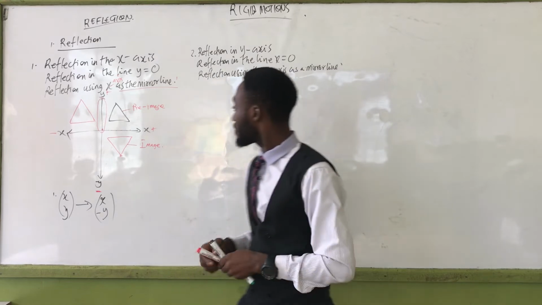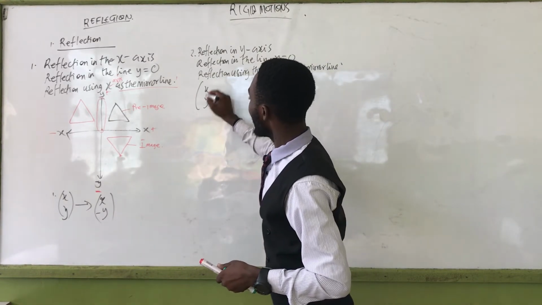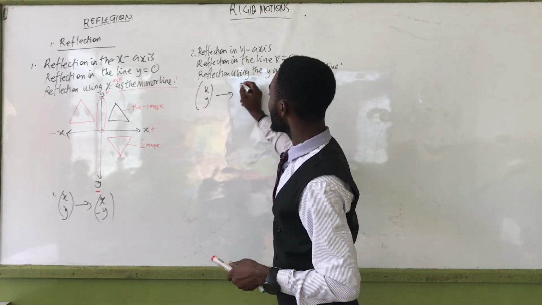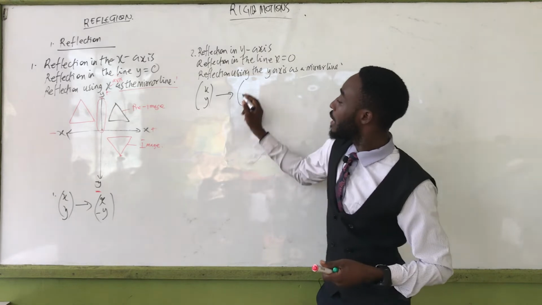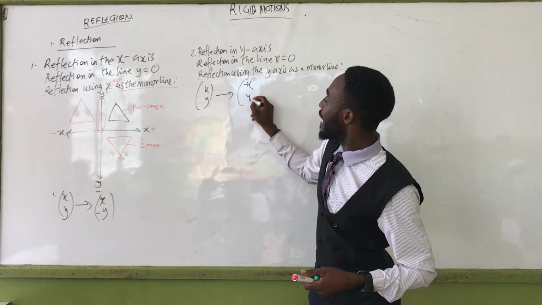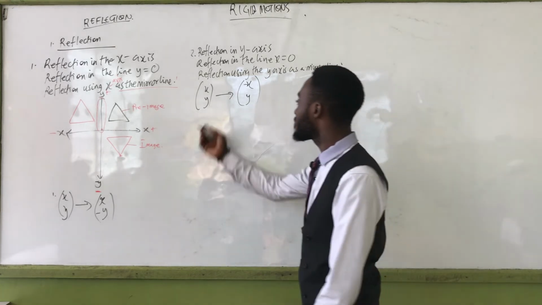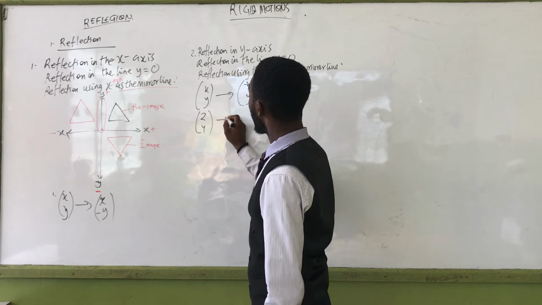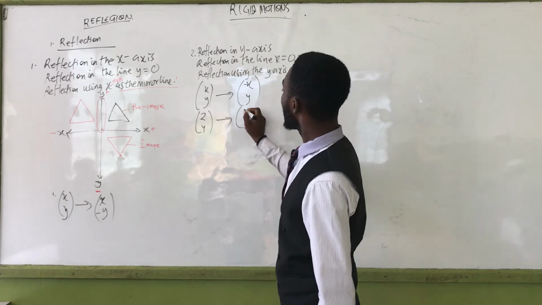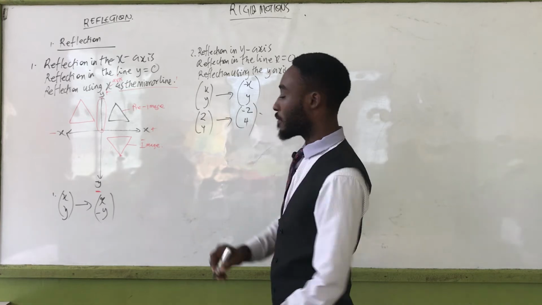So if x maps to y as a pre-image, we would have our image going to be negative x and then y. So for example, if you should give me a set of coordinates like 2 and then 4, I would have negative 2 and then positive 4.